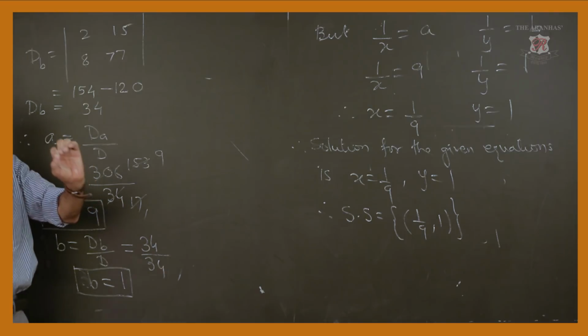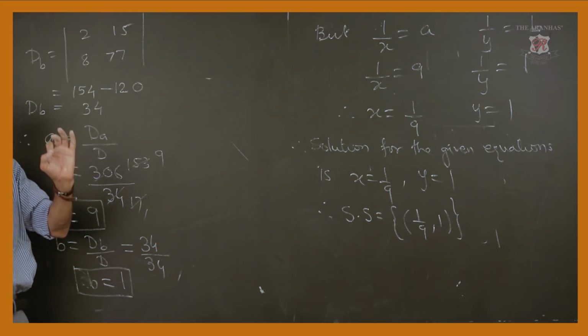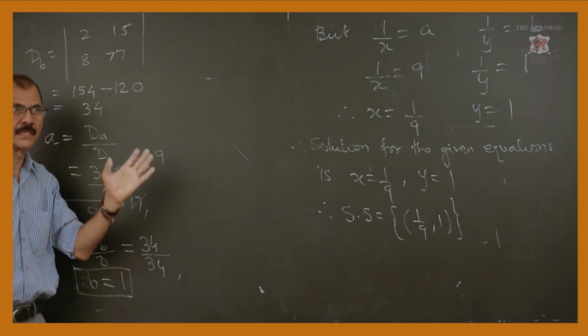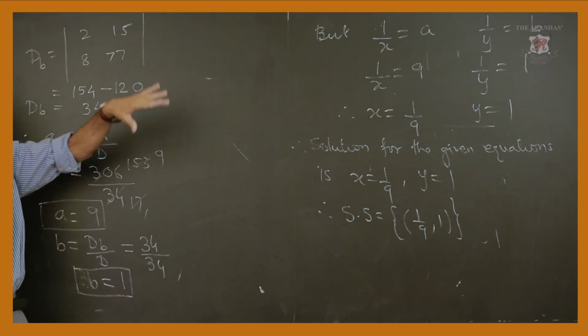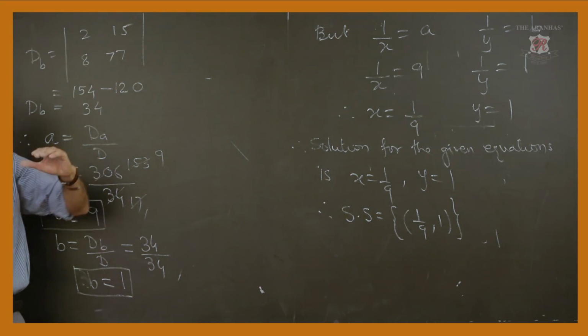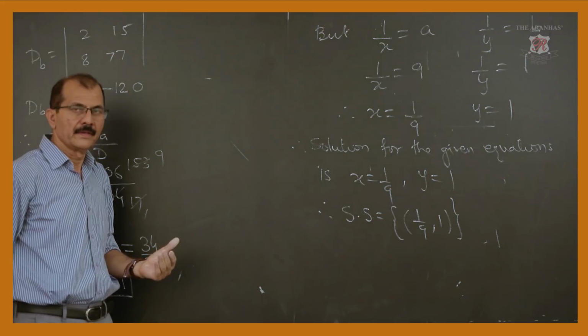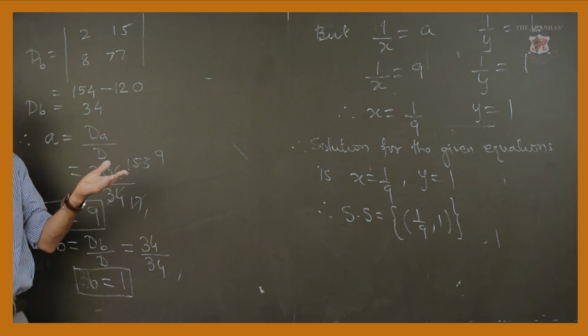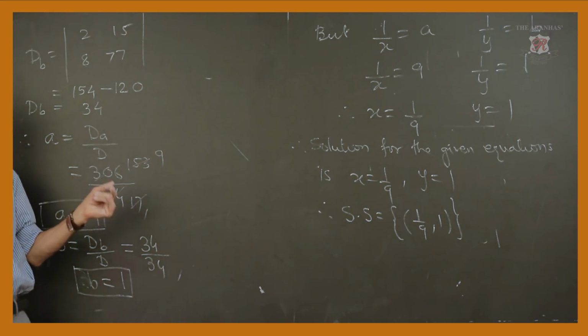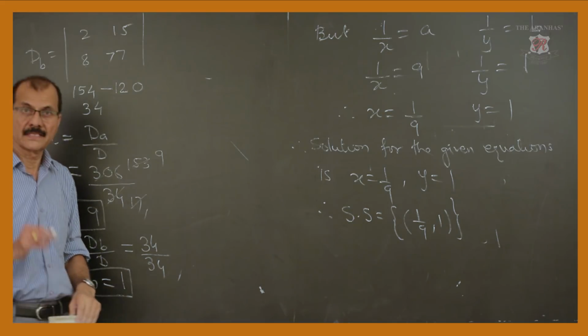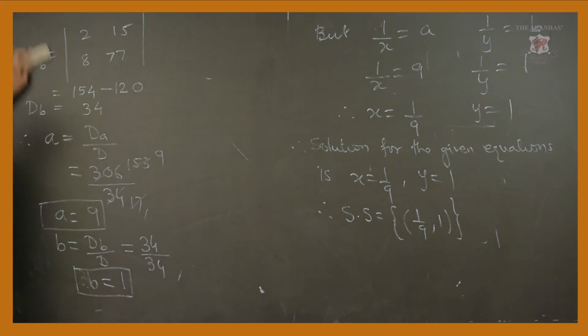So this was one example where the equation was in the form of 1 upon x and 1 upon y. I'll take another example where you will get the denominator as x minus y and x plus y. So we will see that example.